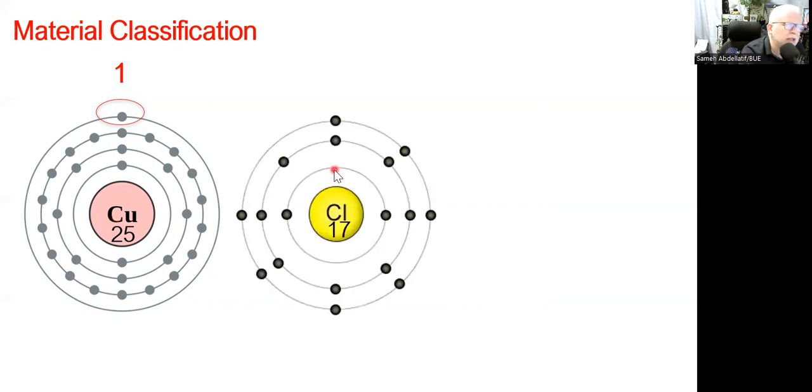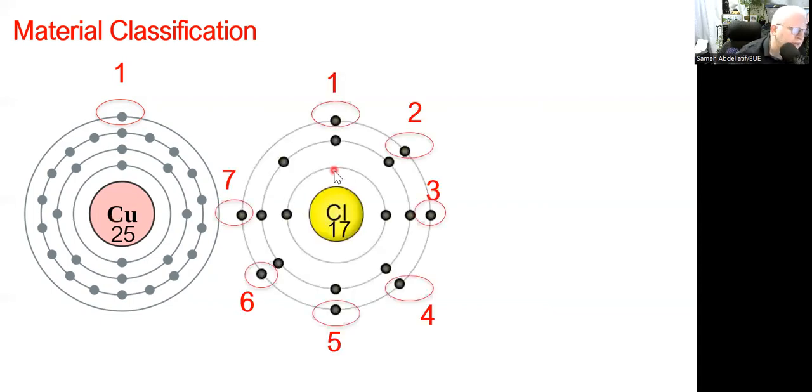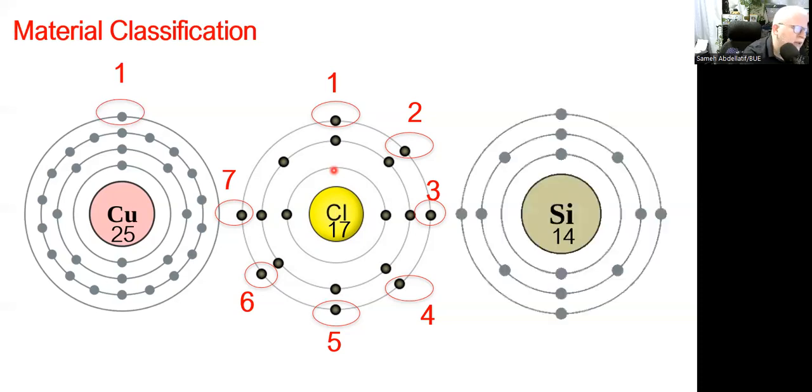Alternatively, for this example, where we have 7 electrons in the outermost energy level, obviously these 7 electrons are highly bounded to the nucleus. Accordingly, you are not capable of making any of them free. That's why it's an insulator.